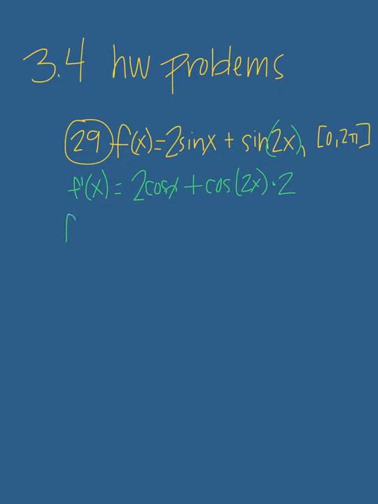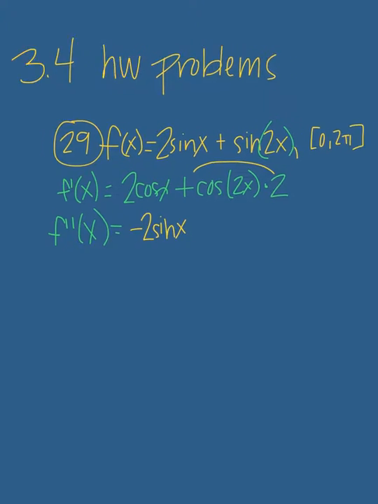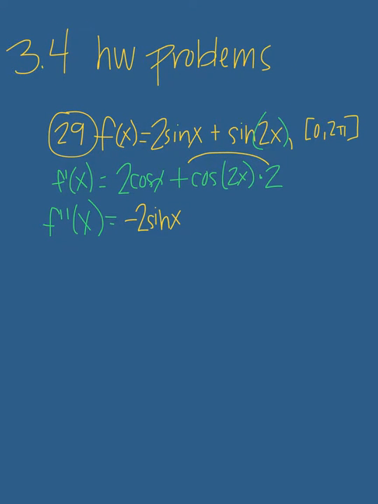To find the second derivative, I'm going to take the derivative of each of these. The first one becomes negative 2 sine x, since the derivative of cosine is negative sine. For the second, I can put that 2 in front, so that's 2 cosine of 2x.